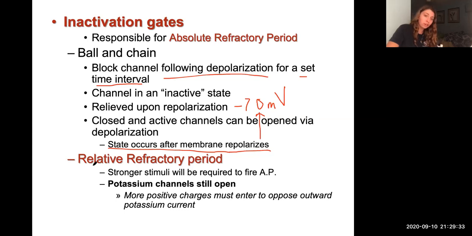Then it goes on to talk about the relative refractory period. It can fire another action potential, but it needs a stronger stimulus.